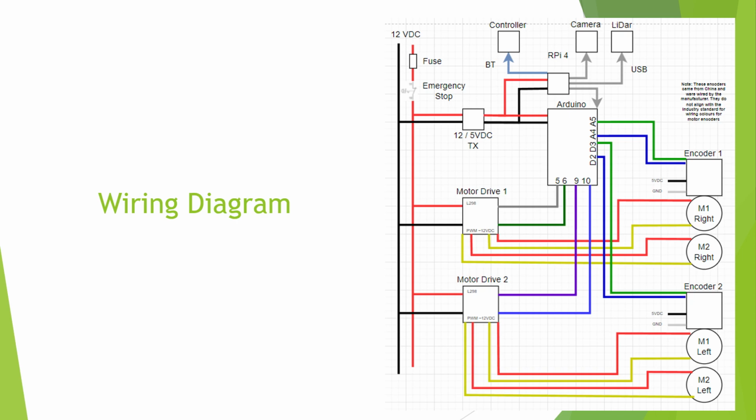That signal from the Arduino is what is modulating the output of the motor drive. You can see the yellow and red lines that come out of each motor drive go to M1 right, M2 right, M1 left, M2 left, and they are, like I said, pulse width modulated 12 volts. That enables us to reverse, change speeds, and so on.